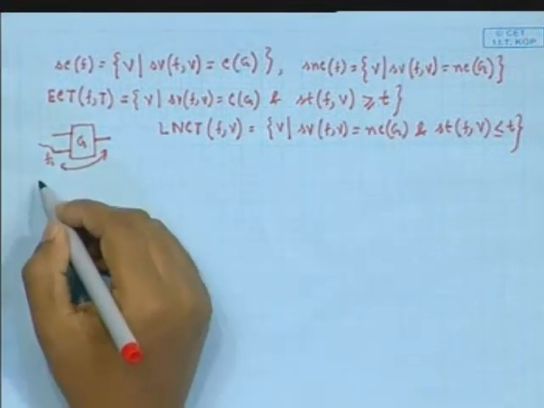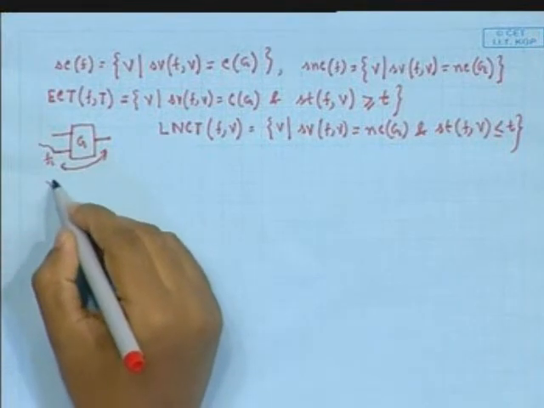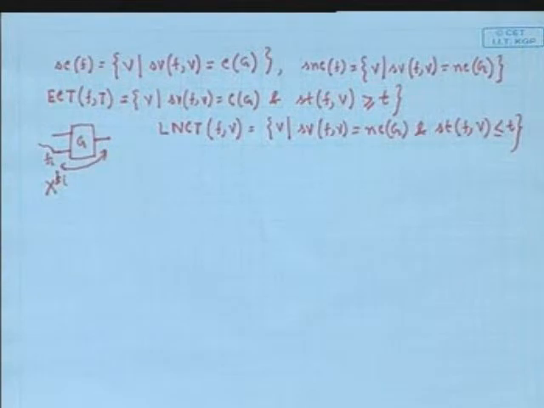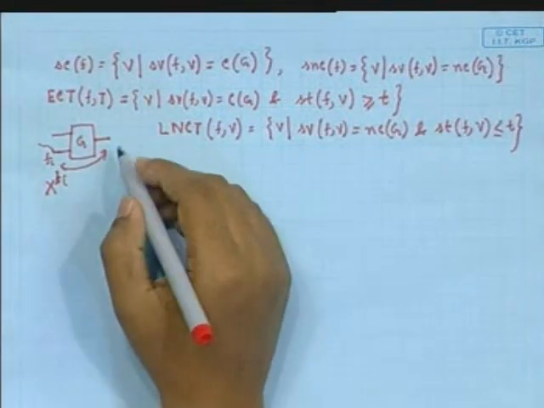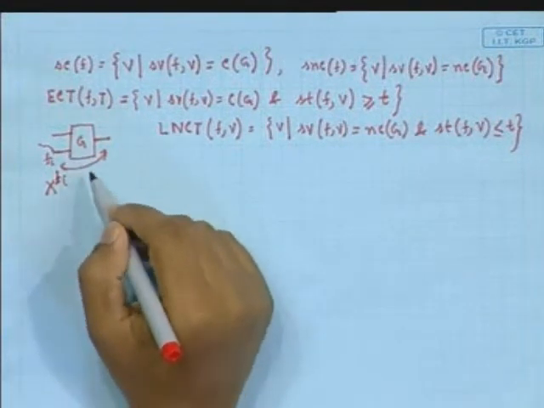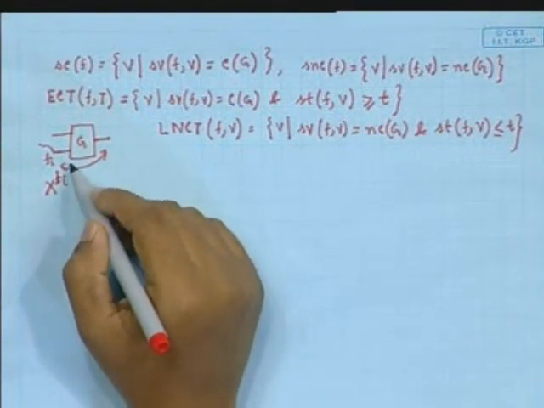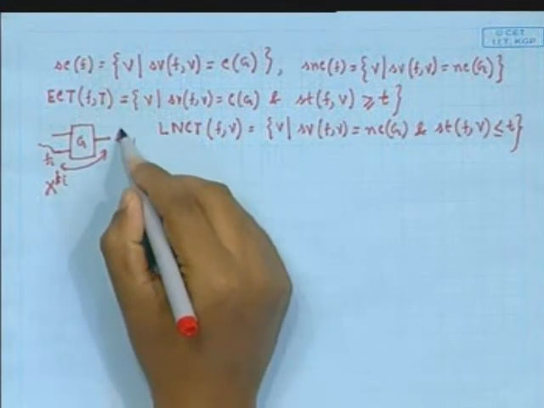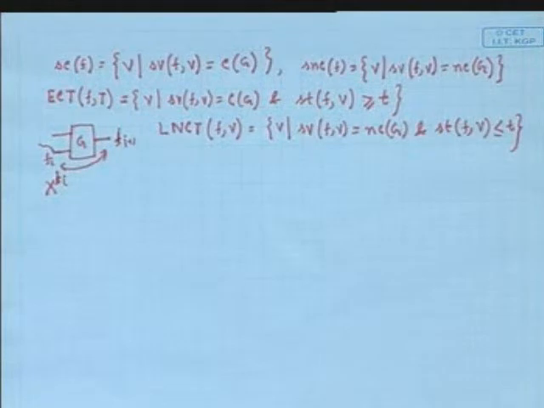Assume that vector is x. Okay, now I want to determine the set of input vectors for which we can sensitize this path from Fi to Fi plus 1. That's our goal.